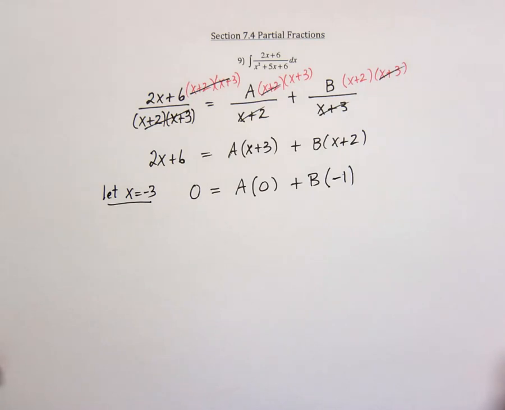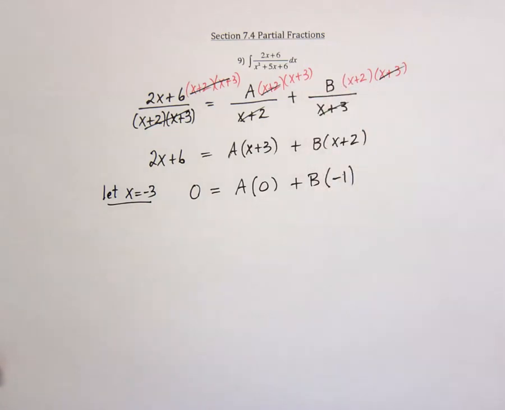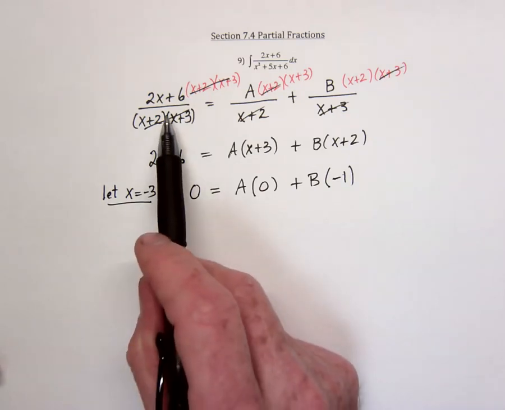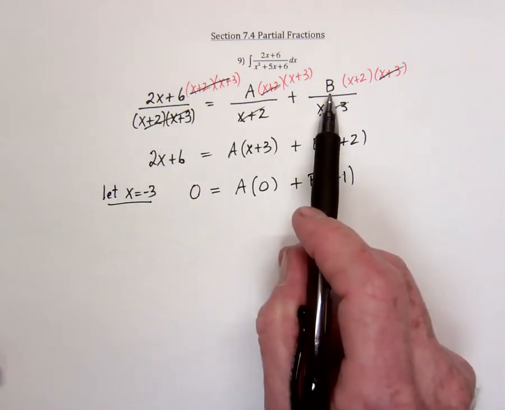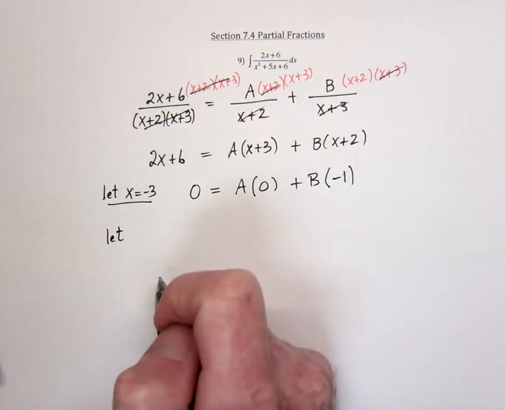Consequently, what I have tells me that b is equal to 0, this term would be gone. Oh, I see. That means that I didn't even need that b. Interesting. Math can be so smart sometimes.